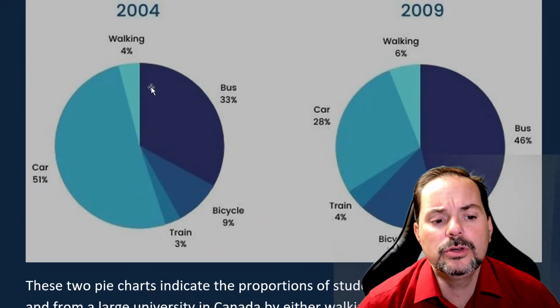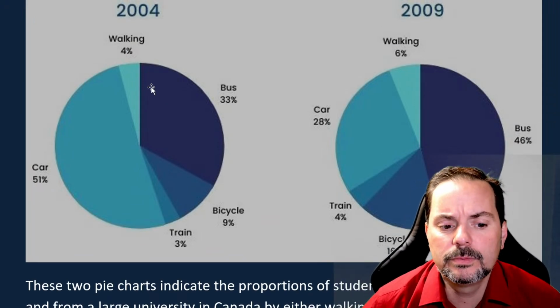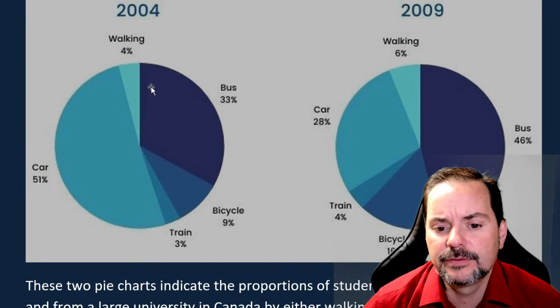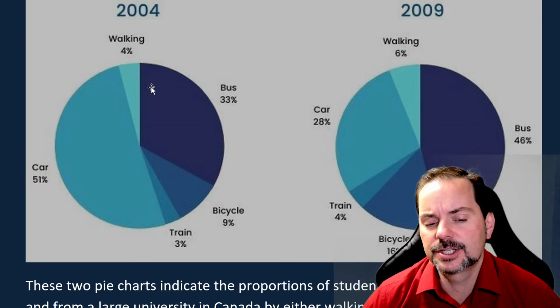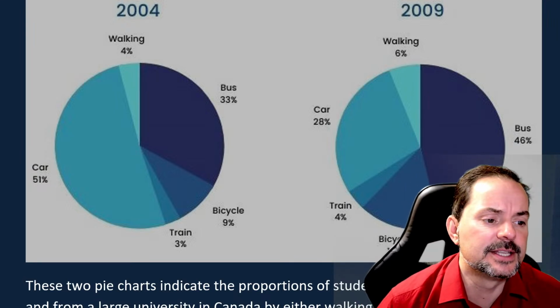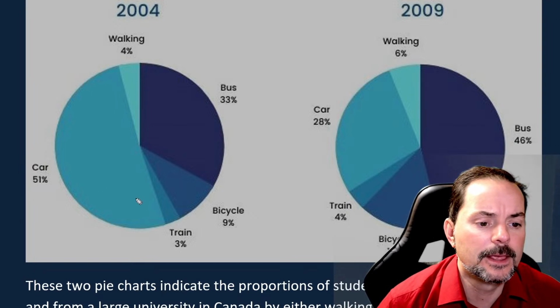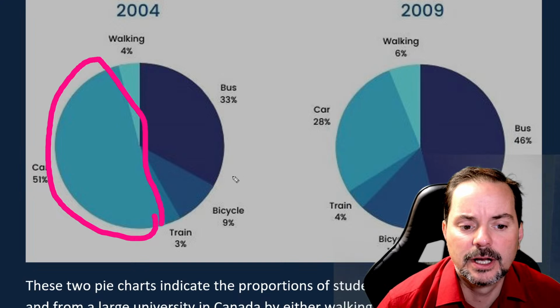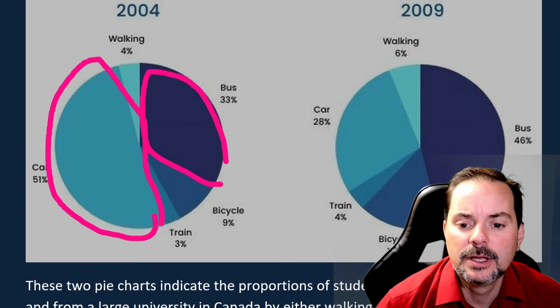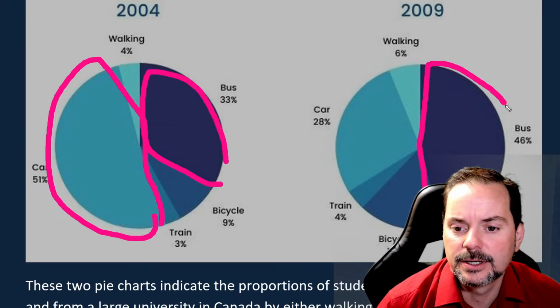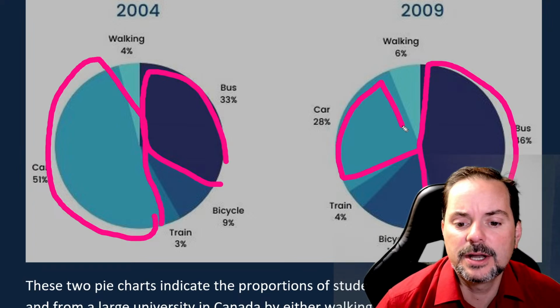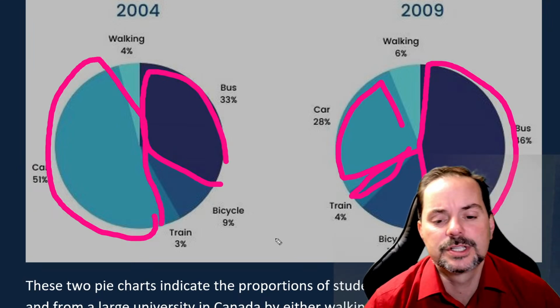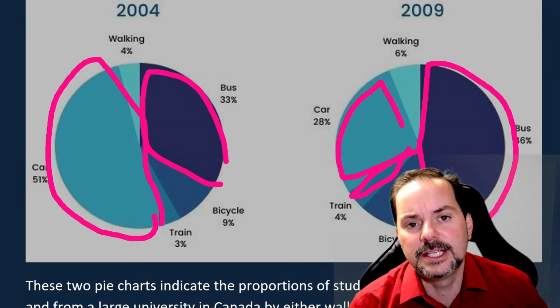So when you observe these two pie charts, obviously we can see that we've got a huge slice here, cars. This pretty big slice here as well, and then we've got a really big slice here. And a big slice here. So we see the most and the least and that.